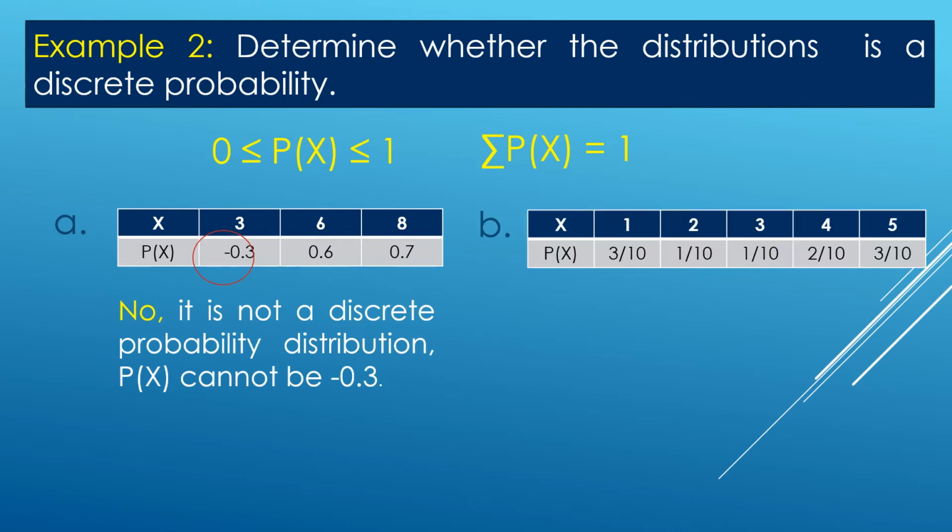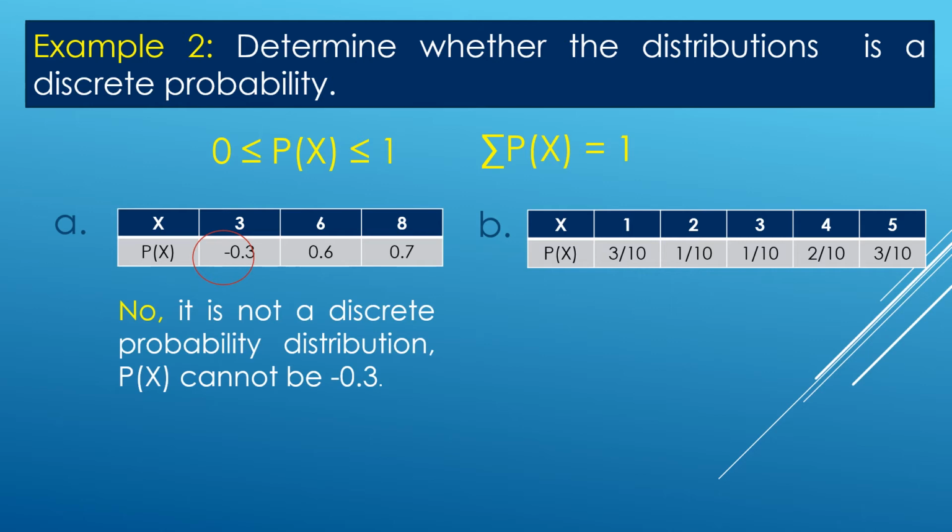Okay, we go to the next. We have here letter B. This is our distribution. Check on the probabilities of each random variable. So we have here random variable x, 1, 2, 3, 4, and 5. And these are their corresponding probabilities: 3 over 10, 1 over 10, 1 over 10, 2 over 10, and 3 over 10. Check if these probabilities are equal to 1 or less than 1 or equal to 0 or greater than 0.